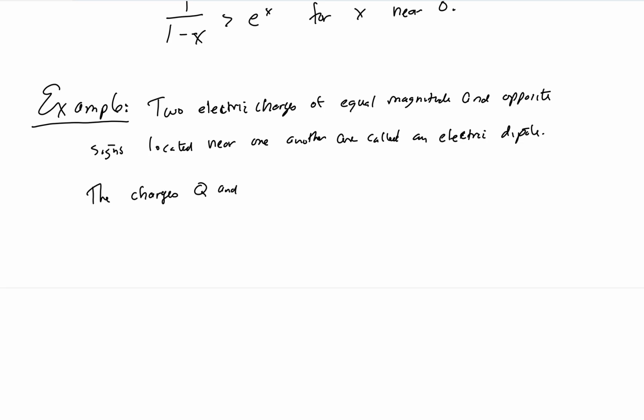So let's say the charges Q and negative Q are a distance little r apart. So you'd say like here's Q, here's negative Q, and this distance between them is little r.